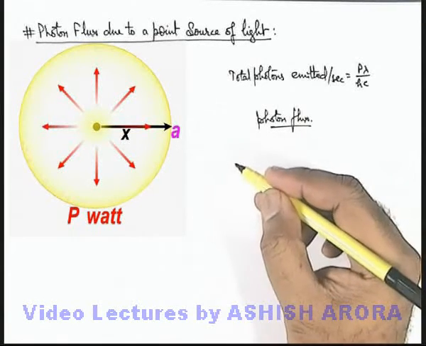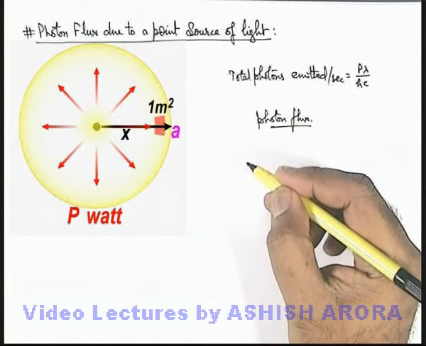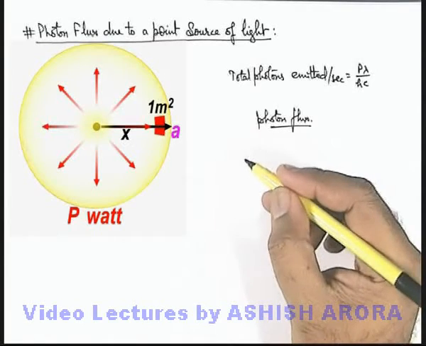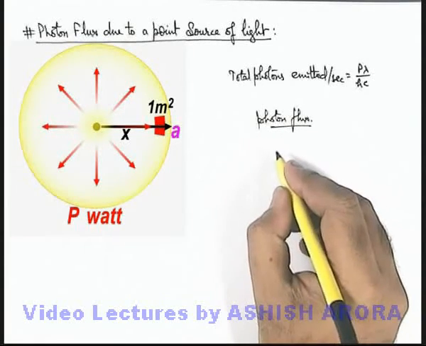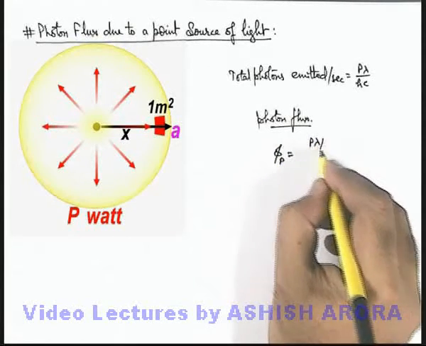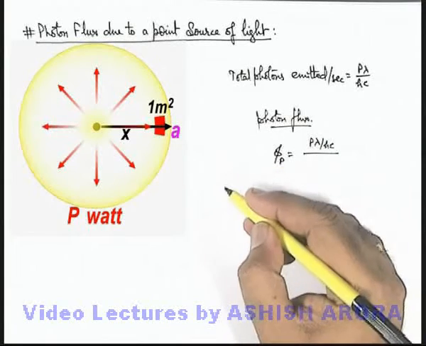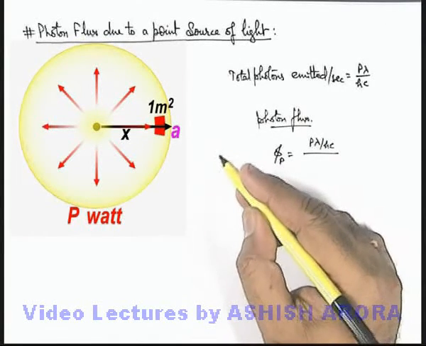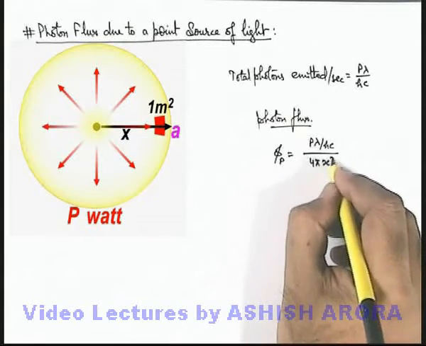Say on this surface, if we consider a small section of 1 meter square, then we can directly state that the number of photons passing through this 1 meter square will be equal to phi p is equal to P lambda by hc divided by the total area of the spherical region. Then only it will give us the number of photons passing through 1 meter square. So that's 4 pi x square.